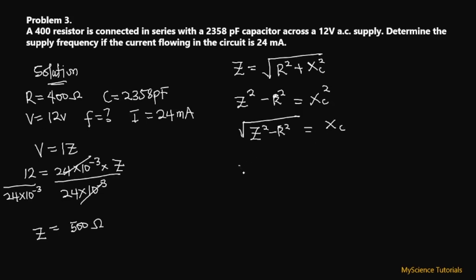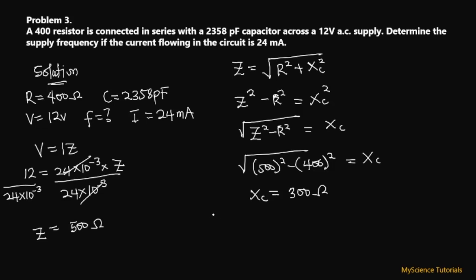If we do the substitution, our impedance is 500 and our resistance is 400. So our capacitive reactance is equal to the root of 500 squared minus 400 squared, which gives us 300 ohms as our capacitive reactance.